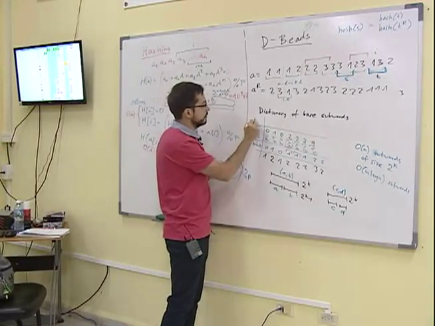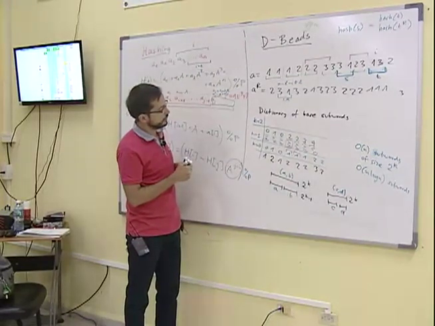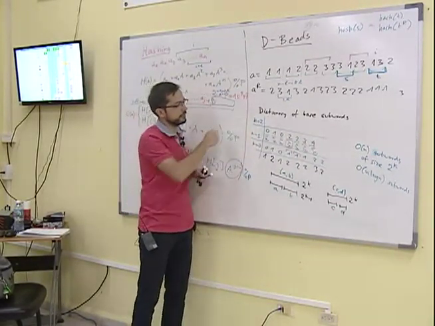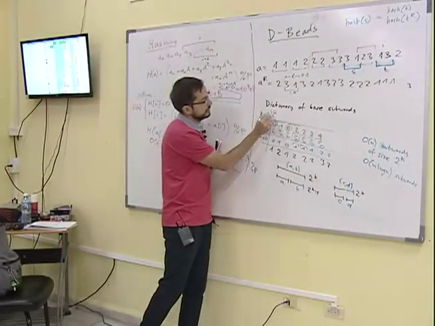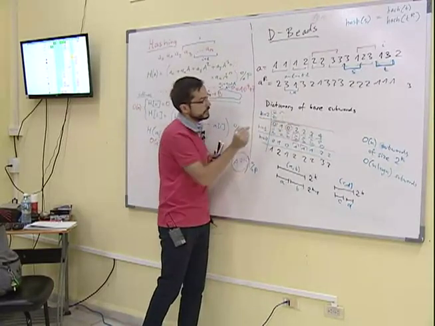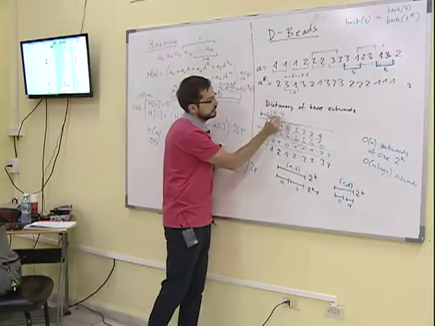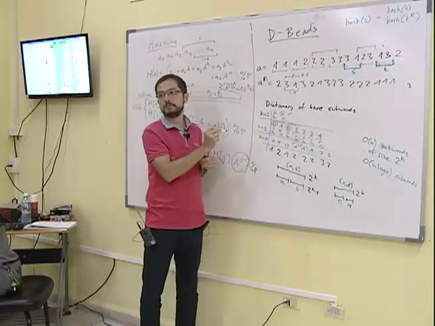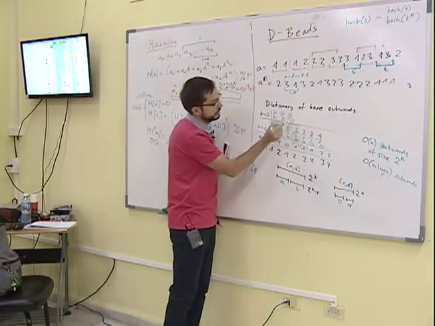So we can do one more level. Let's say that we are doing it for k equals 2. What will be the pair for the first one? The first one will have 0, 0. The next one, 1, 2. The next one, 0, 2.